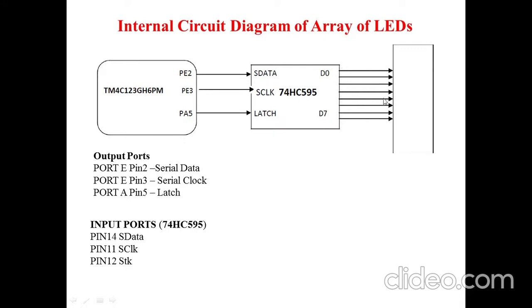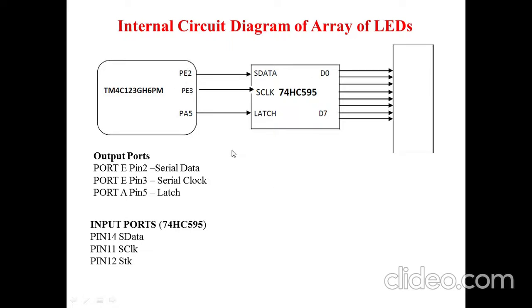I am going to connect the LEDs to the outputs D0 to D7. The serial data, serial clock and latch input pins of the decoder are connected to PE2, PE3 and PA5, that is, GPIO pins of port E and port A. These pins are considered output pins.